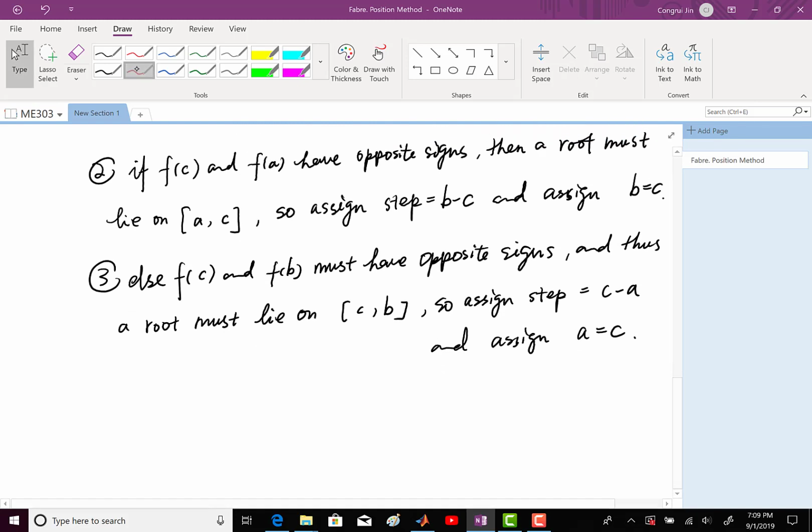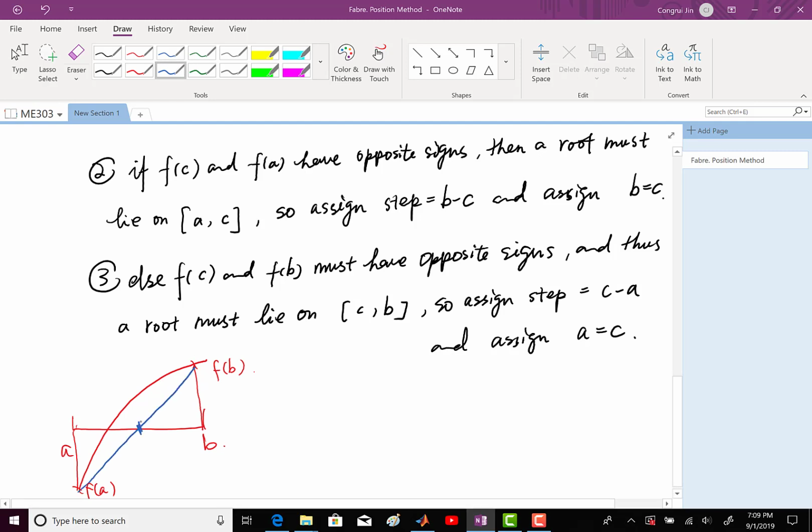For example, we have a function from interval A to B. The function looks like this, and this is FA, this is FB. So we draw a straight line connecting these 2 points, right?